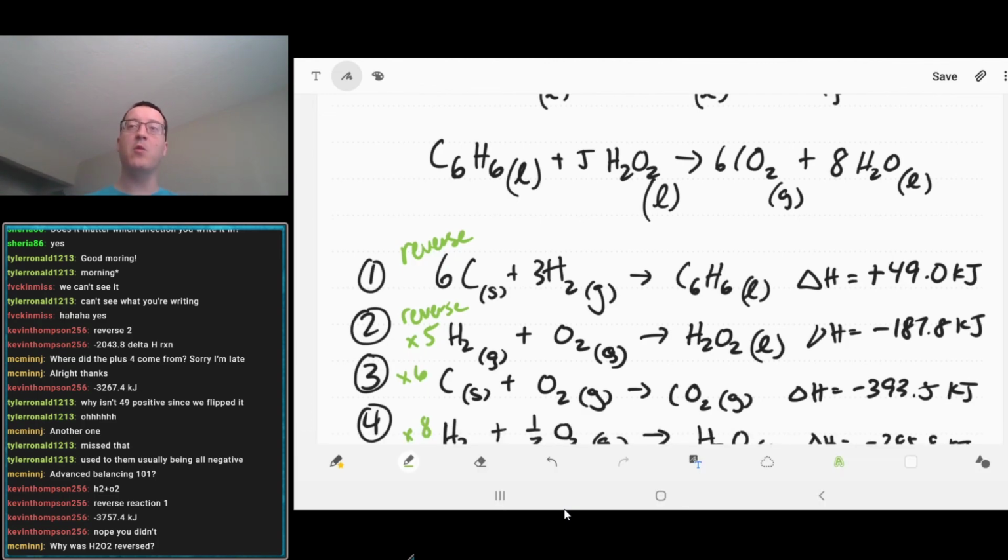So technically what we want is H2O2 turning into H2 plus O2, and by doing that, we have to make our delta H a positive number instead. And since we have 5 H2O2s, our overall reaction is 5 H2O2 turns into 5 H2 plus 5 O2, for a total delta H of 5 times 187.8. So the short answer is because it's a reactant. Reactants you're always going to have to reverse.